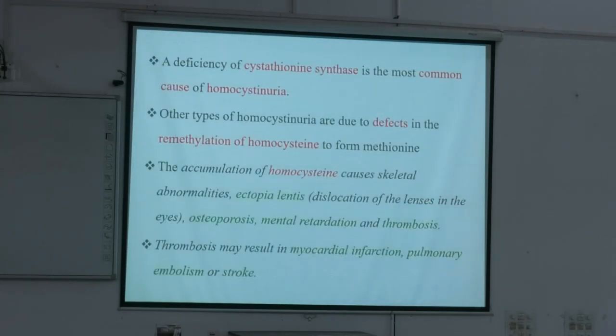Now, this is the major important slide: the symptoms which arise from the accumulation of homocysteine. These are ectopia lentis, dislocation of the lenses in the eye, the first and major symptom. It also causes osteoporosis, mental retardation, and thrombosis.